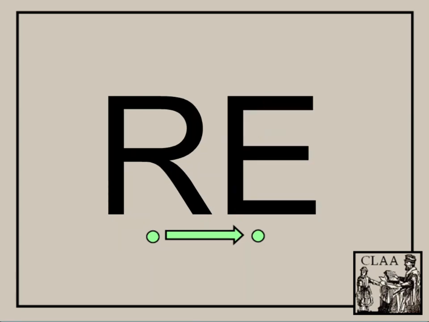Now let's begin with the consonant R and finish with the vowel E. Point to the green dot under the consonant R and we'll begin. Re, re, re.